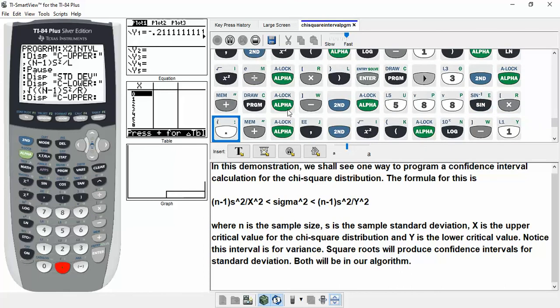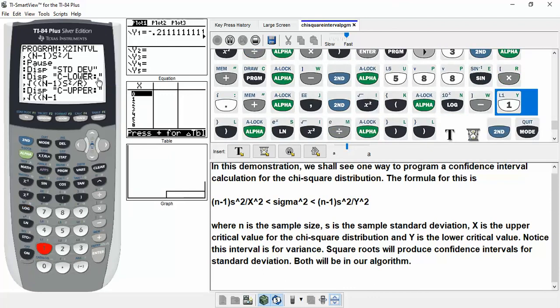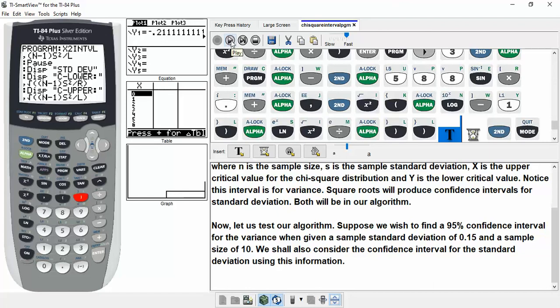And we'll do a colon and the double quotes, comma, and then the square root of that quantity we see at the top of the screen here, which is n minus 1 in parentheses, and then multiply that difference by s squared. We're going to divide that by L, and we'll go ahead and close off this square root.